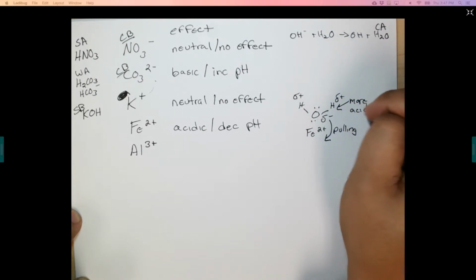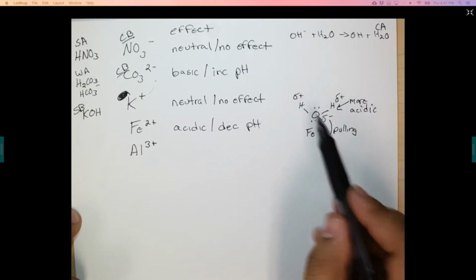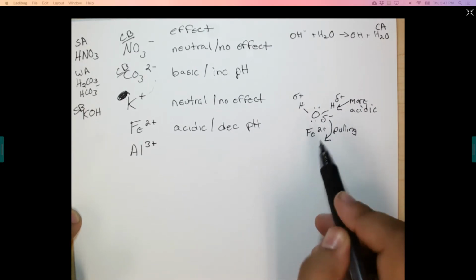So we're essentially making water more acidic than it normally would be, right? Remember the KW? We're making water more acidic by adding in the iron ions.